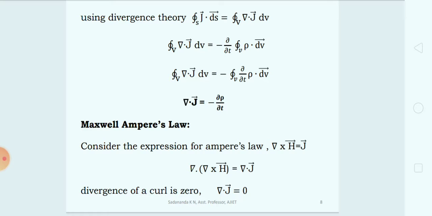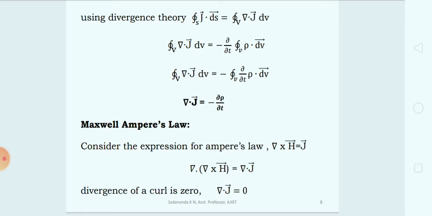You know the statement of the Gauss divergence theorem, which converts a surface integral into a volume integral. In other words, the surface integral of vector A dot ds is equal to the volume integral of divergence of A dv. That is the original statement of the Gauss divergence theorem. Now in the same format we can write the surface integral of j dot ds is equal to the volume integral of divergence of vector j dv.